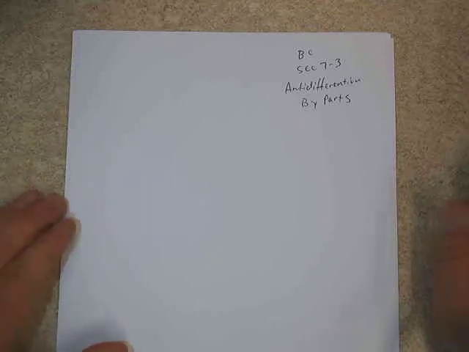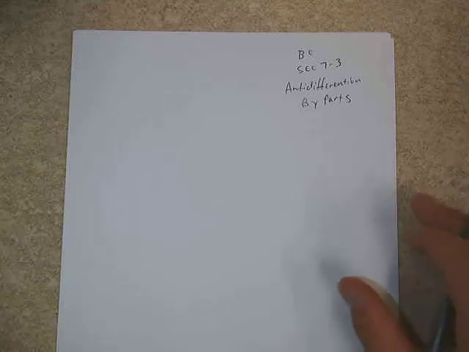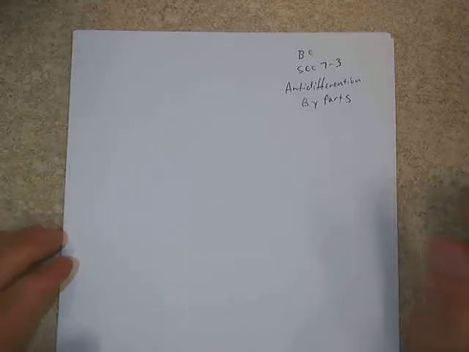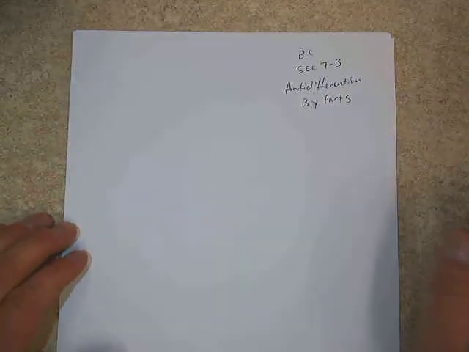Our next maneuver is, if it's not, can we manipulate the integrand to put it in a form we can anti-differentiate? We also have a substitution method that we learned in AB that is useful for many types of integrals as well. And ultimately, if we exhaust all those possibilities, then it might be integration by parts.